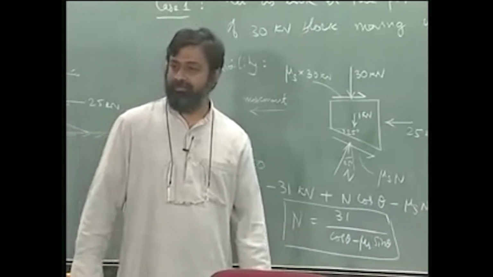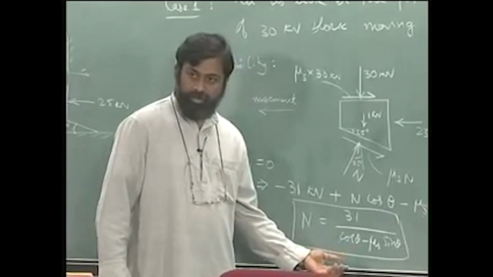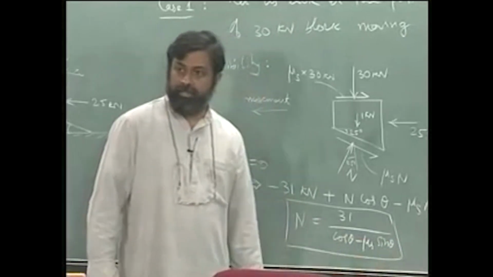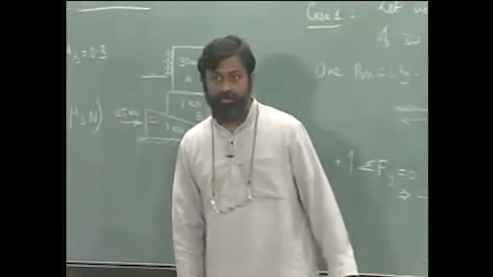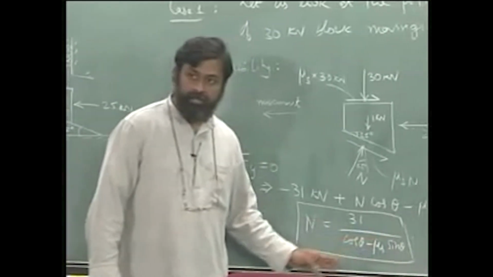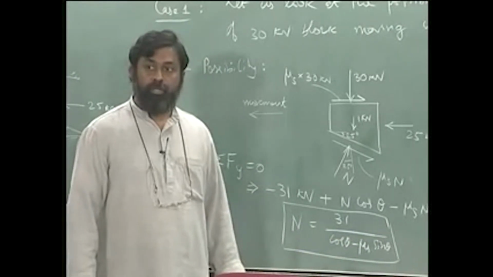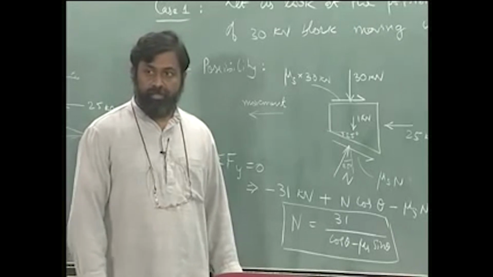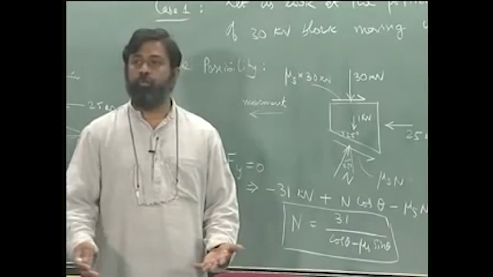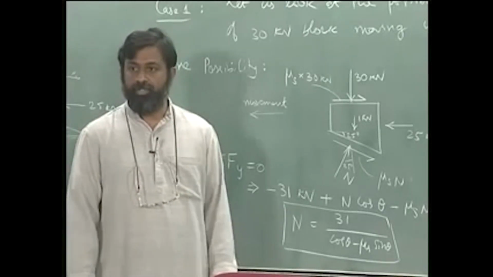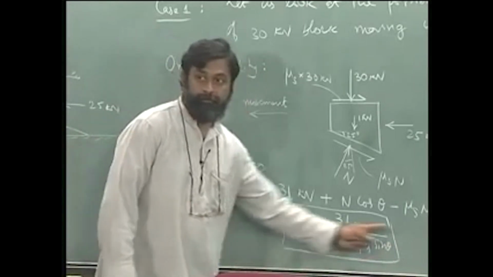If it is 30, cos 30 is root 3 by 2, sin 30 is 1 by 2, and mu s is 0.3, and roughly what do I get here? Root 3 minus 0.3, root 3 is 1.7 odd, minus 0.3 is around 1.4 by 2, which is 0.7, roughly around 0.7 is this quantity.